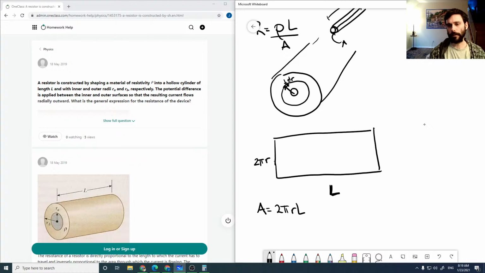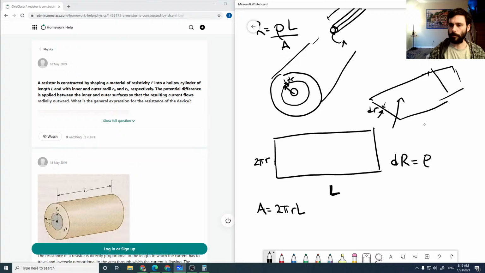And if we visualize it from another angle, my current is flowing through this length, and my length here is dr. So my little increment of resistance is just rho dr over 2 pi r L, right?